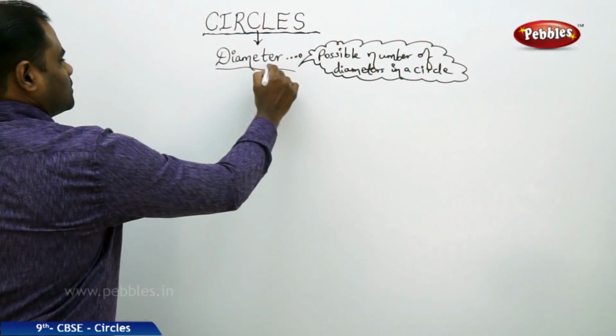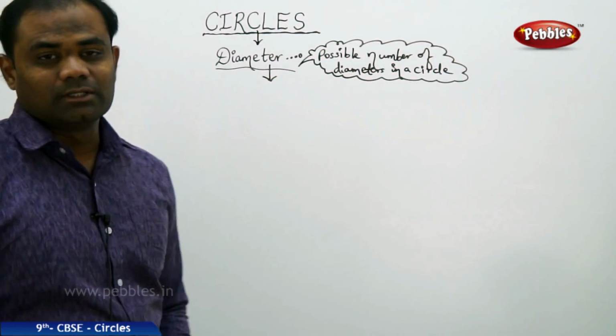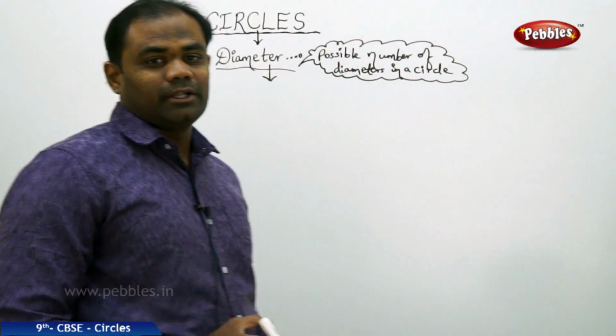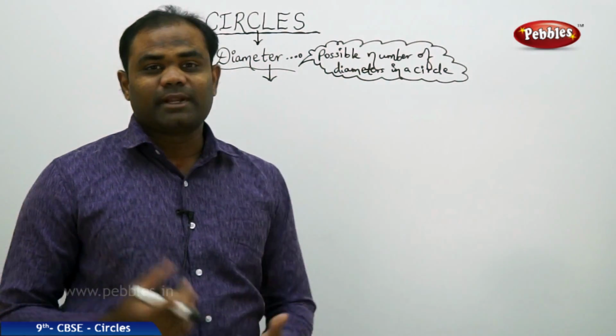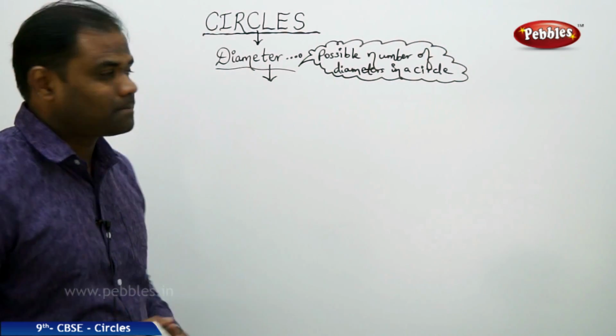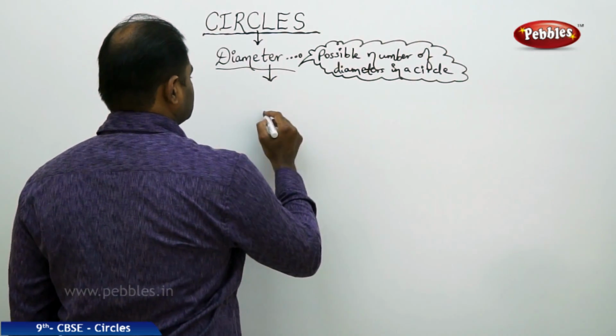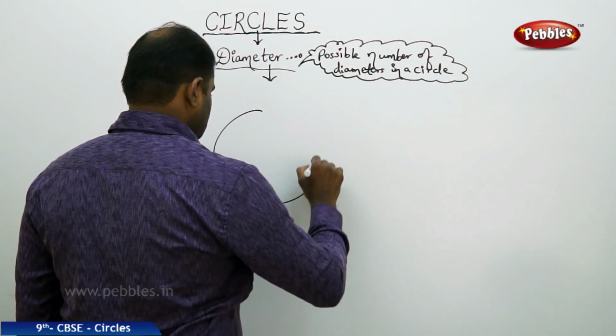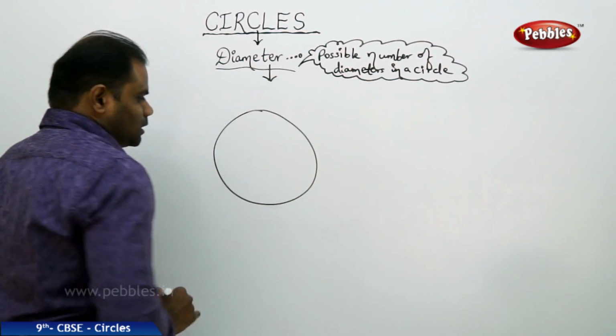So let's see with a circle taken into consideration and investigate on the possible number of diameters in the circle. I have a circle.